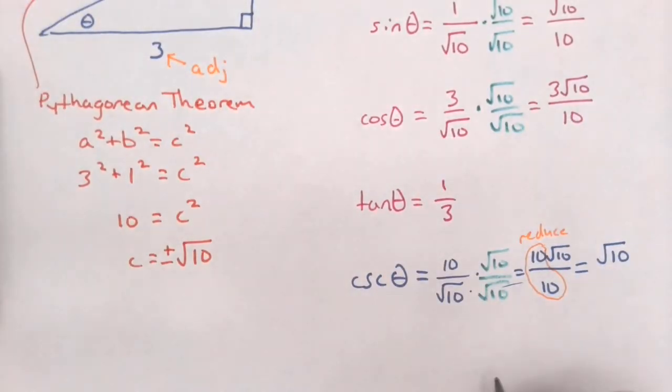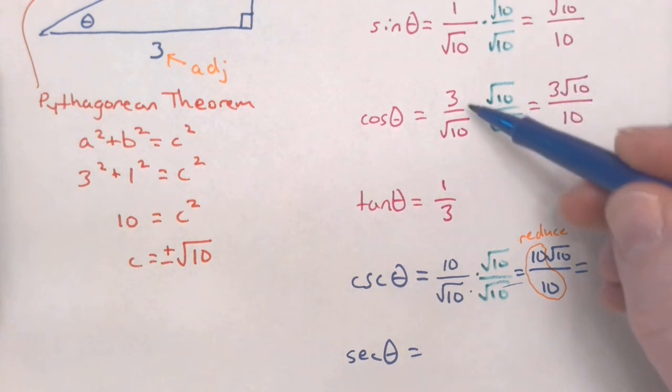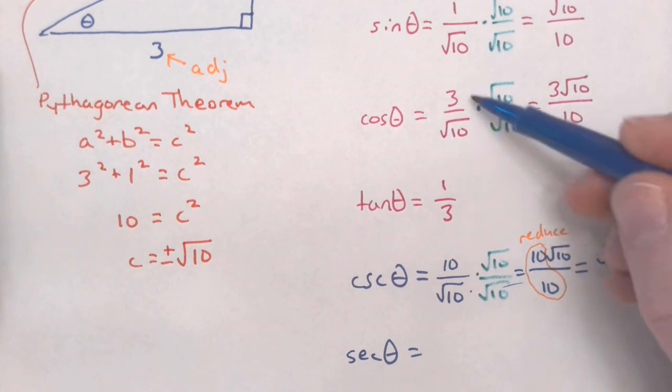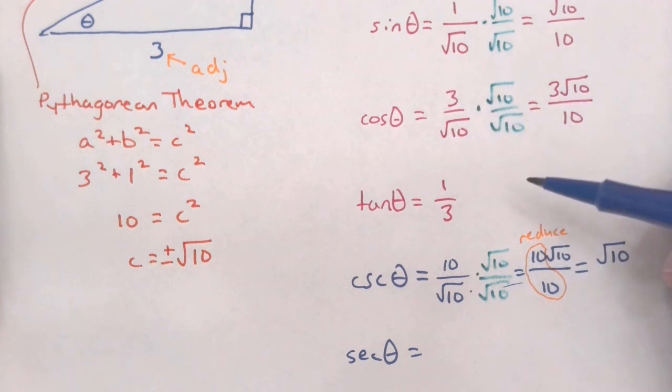The reciprocal of cosine is secant. I could take my final answer for cosine and flip that over. That would be fine. It would take this 3 times the square root of 10 and move that to the bottom part of the fraction, and I'd have to rationalize. So I'm going to take a half second, go back to the work I've shown, and see if there's another fraction that it's equal to that I could flip over that wouldn't have the square root on the bottom.